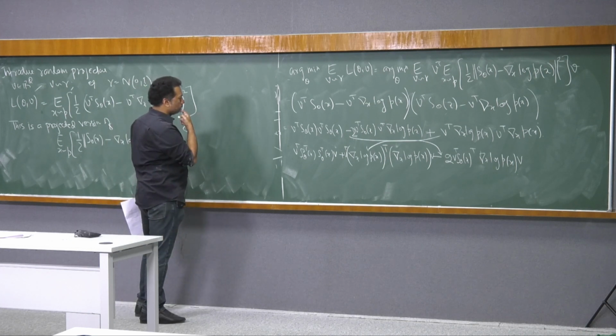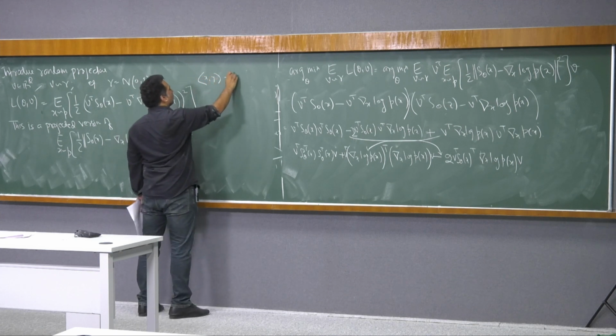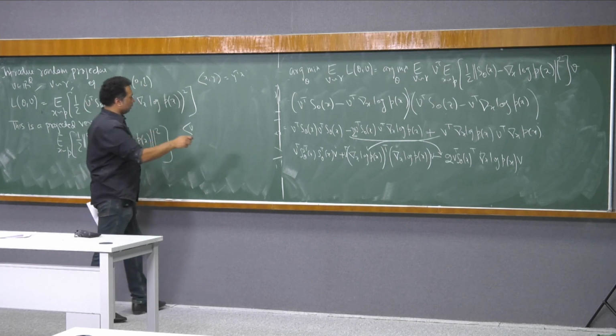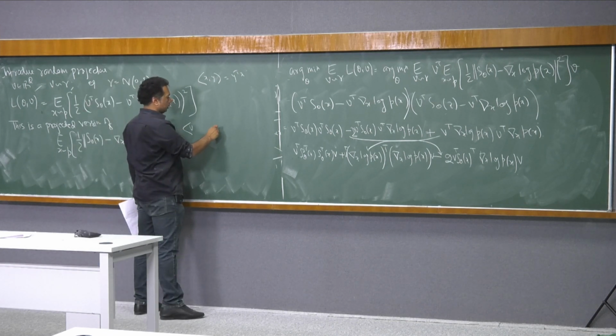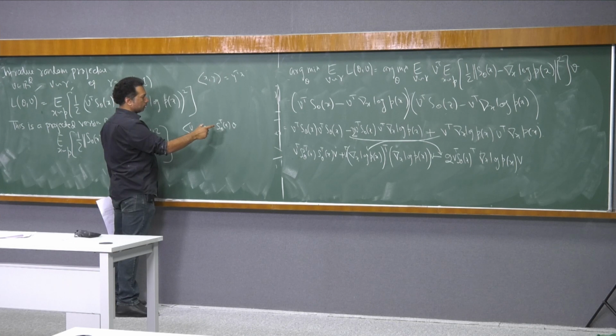Let us say we define the inner product as y transpose x. So the transpose, let us say we put it here, so this is s theta transpose v, and then when I do the transpose there will be v s theta, and this gets multiplied with v s theta.